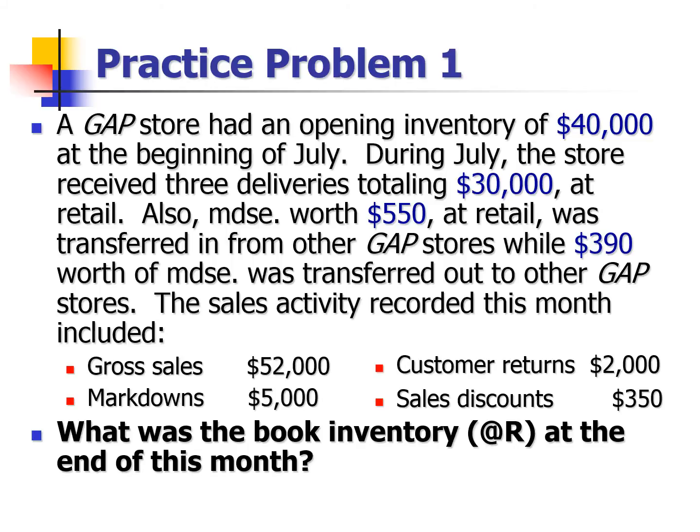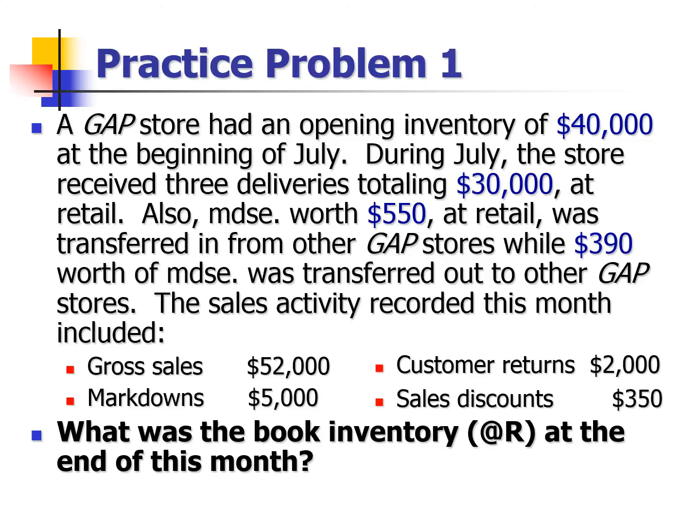And the sales activity recorded this month included gross sales of $52,000 and customer returns of $2,000. From these two, you can calculate net sales, right? Net sales equals gross sales minus customer returns. I think you probably remember that. And then the markdowns were $5,000, and sales discounts of $350 occurred. Given these operational records, what was the book inventory at retail at the end of this month?